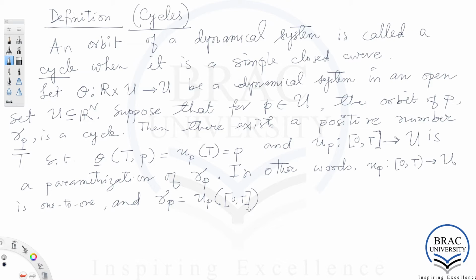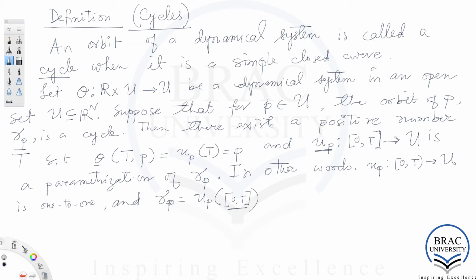So the image of this closed interval 0 comma T under this map U sub P is nothing but the orbit gamma sub P of P.